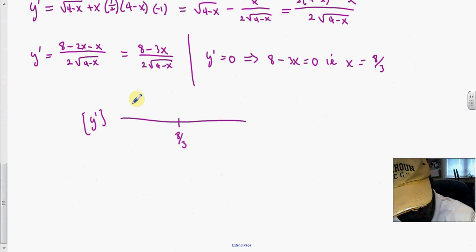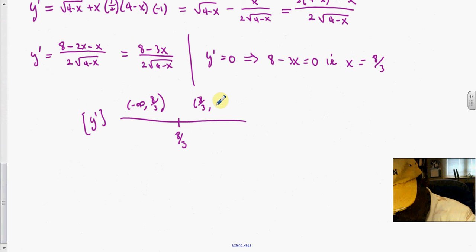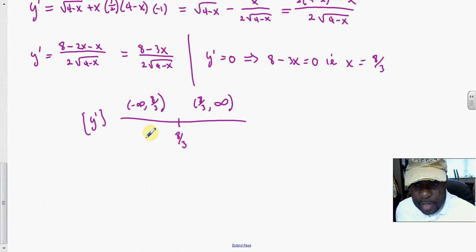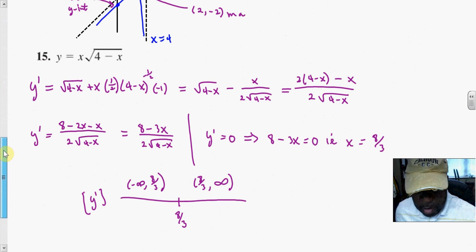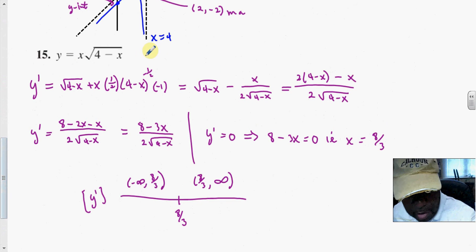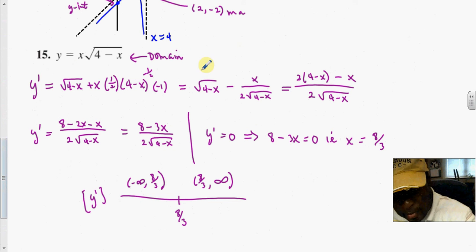And so we're just saying from negative infinity to 8 over 3, and then 8 over 3 to positive infinity. Oh, by the way, there's a restriction on the domain because of that radical, right?